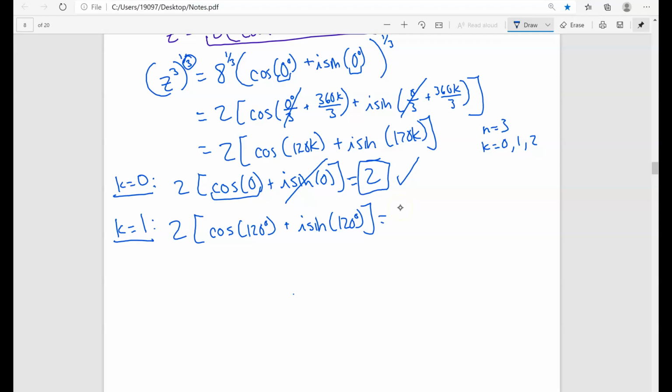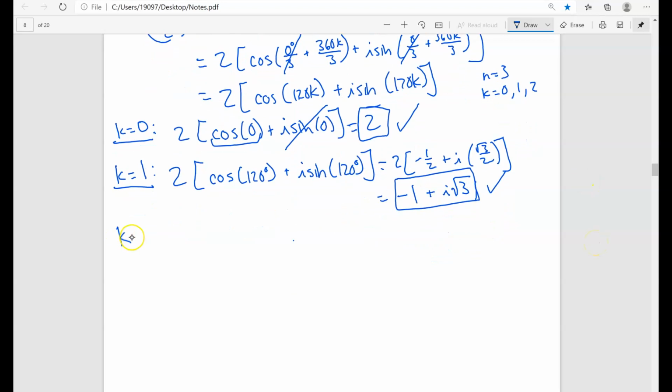You can look that up in the unit circle. That's going to be negative 1/2. And then you're going to take the sine of 120 also, and you're going to get square root of 3 over 2. So when I FOIL this out, you're going to get negative 1 plus I square root of 3. So this is my second root. It's actually a complex root, okay?